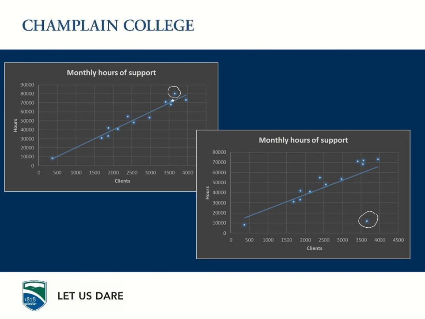In this second chart, the measurement was made down here, somewhere around 3,700, while in the first situation we had 80,000. All the other points are the same, and you can see here that the line is not very far from any of these points. But the simple fact that we had one situation that was either exceptional or we made a mistake when measuring it shifted the line, and now we have several points here that are quite far away from the line, because this line gets attracted to this point.